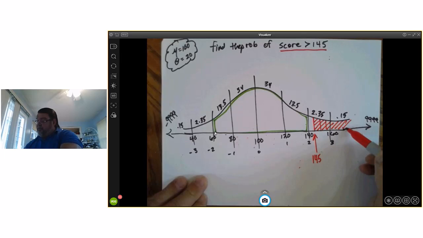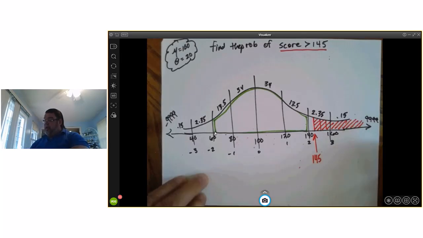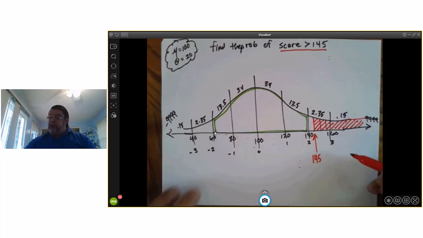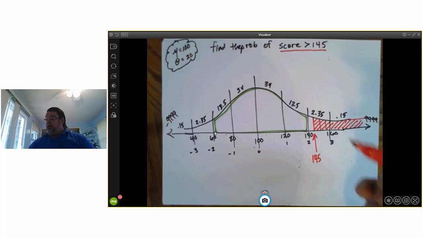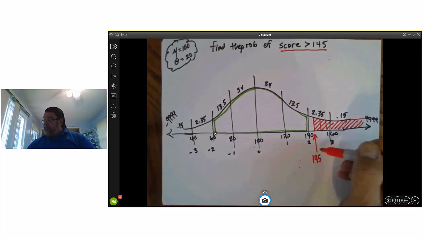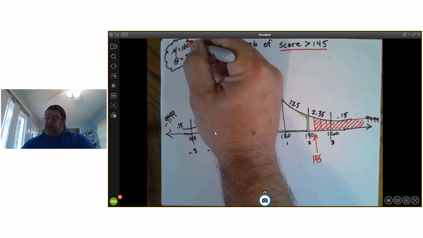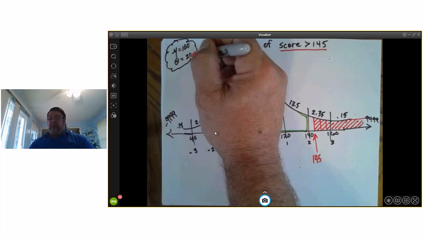So if you've got a newer calculator, all you got to type in is second vars, 145 to 9999, and the mean is 100, and the standard deviation is 20. And boom, you got your answer.